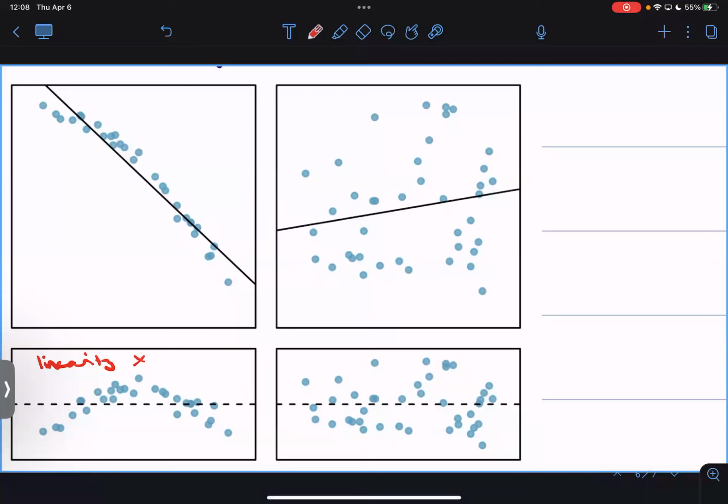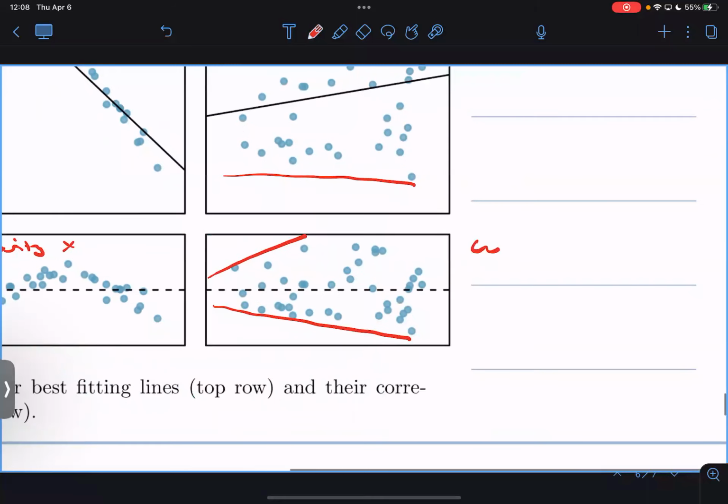But what's going to happen is we've got this kind of funnel pattern. Now it's not super obvious here. I wish they had picked a more obvious one. But here the constant variance assumption is not met.